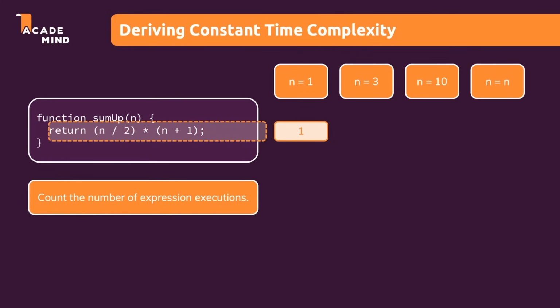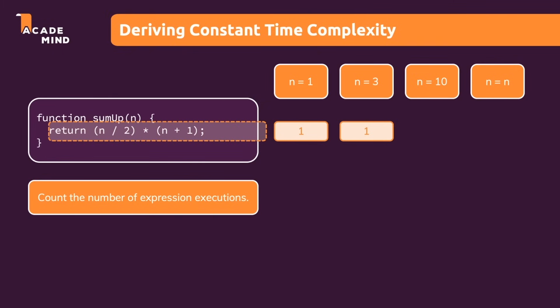And here n could simply be replaced with 3. So you would have 3 divided by 2, which is 1.5, times 3 plus 1, which is 4. And this does not mean that it runs 1.5 or 4 times. No, it still only runs exactly once. So this expression here runs once for n equal to 3.